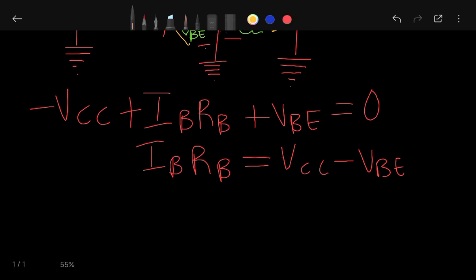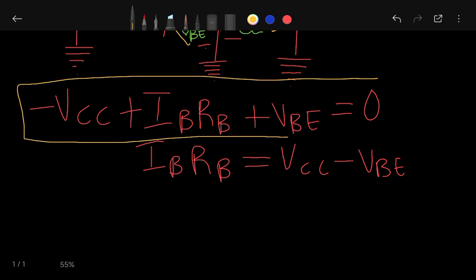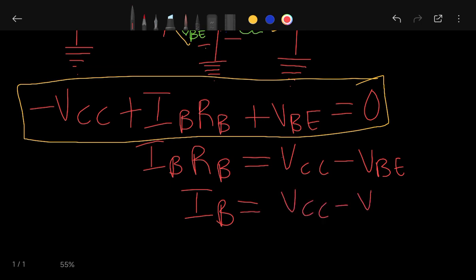Once you have this equation, you can solve for whatever you want. So IB equals VCC minus VBE over RB.